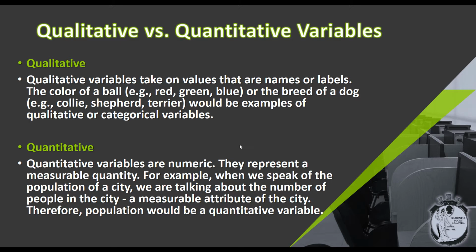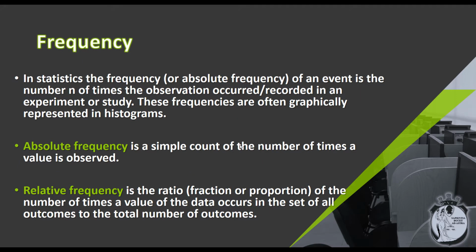Quantitative variables are numbers, a measured quantity. For example, the number of friends that you have, the number of sons or the number of sisters that you have. Something like that.